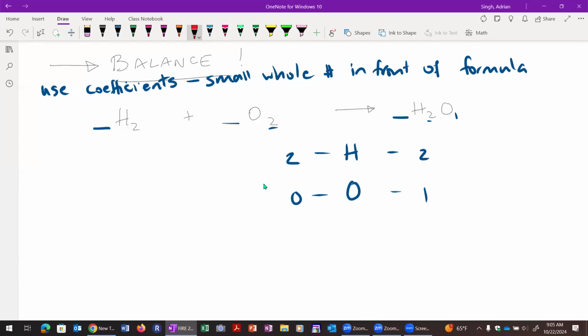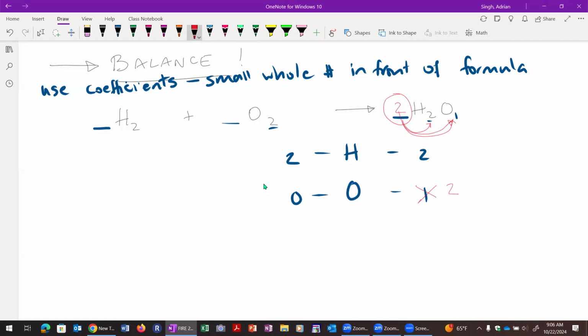So whatever I put in front here, in this region, gets multiplied by the subscripts of each of the things that I have in the formula. So if I want to make 2 oxygens, obviously I need a 2 here, so 2 times the 1 is going to give me 2 oxygens. I'm going to change that now. But there's something other than O in water, right?